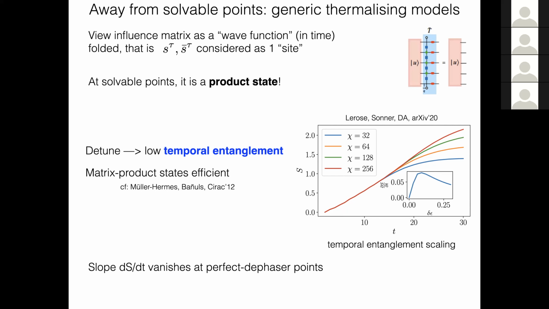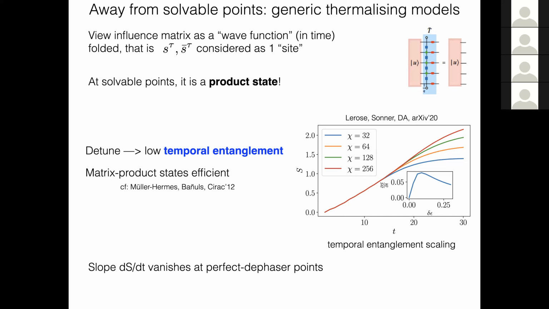Indeed, we have checked that this is the case. Here is an example showing what happens as you detune from the perfect dephaser or dual unitary point in the kicked Ising model. You see that entanglement grows, but its slope vanishes at the perfect dephaser points. And here you see a plot of the slope.